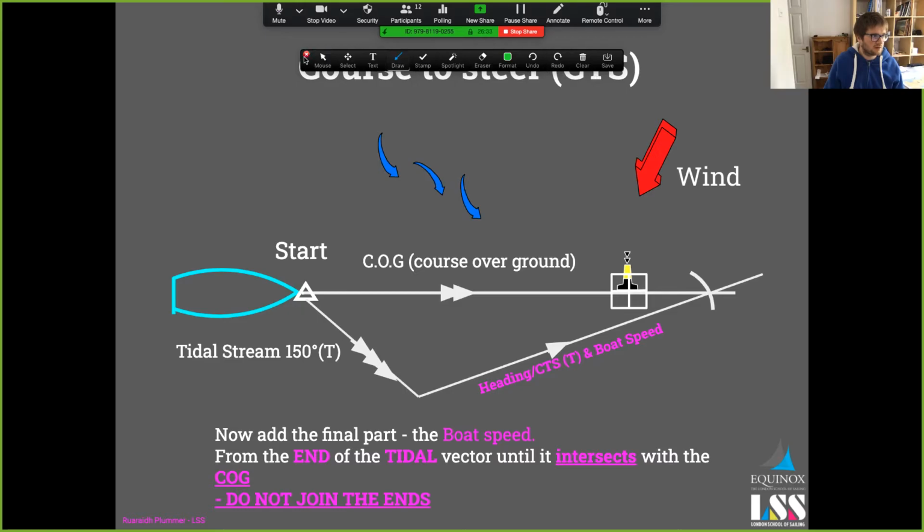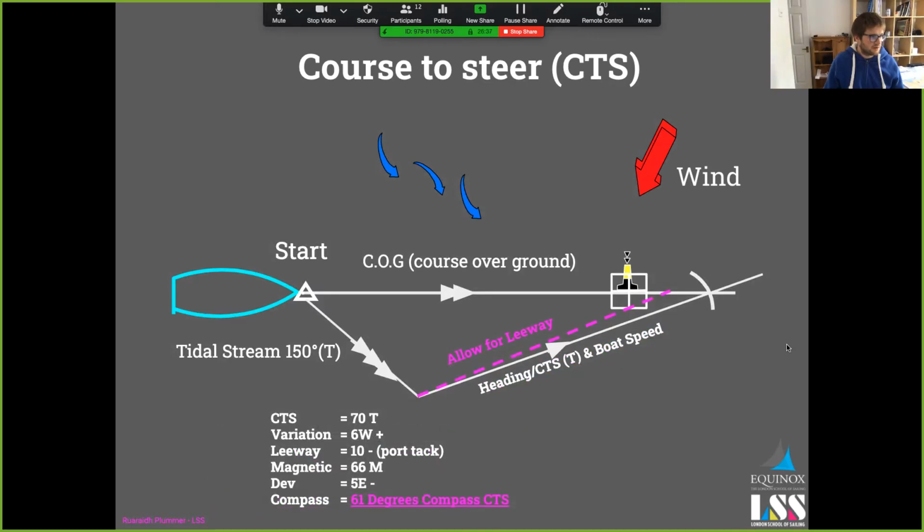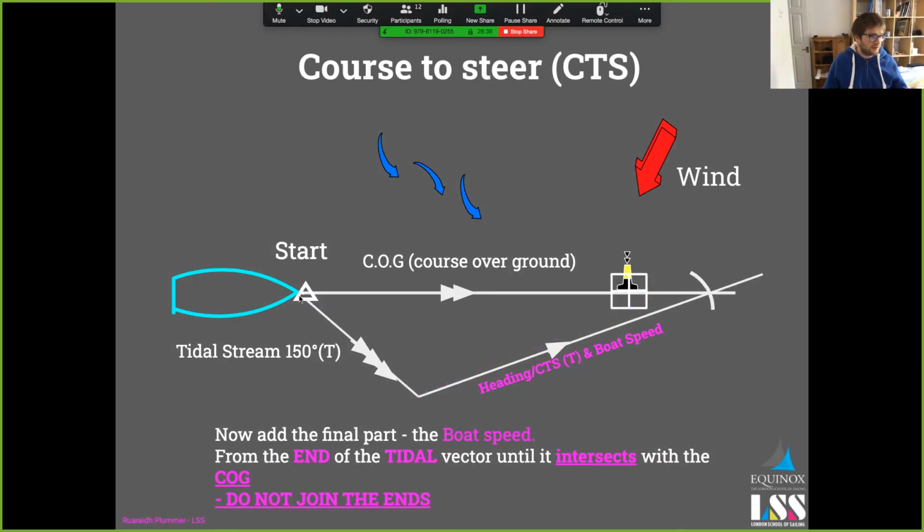So the importance of this line, and this is the one where mistakes get made, is that it's not only our boat speed, but it also represents our course to steer. This is the course to steer that we will be steering from the start point.